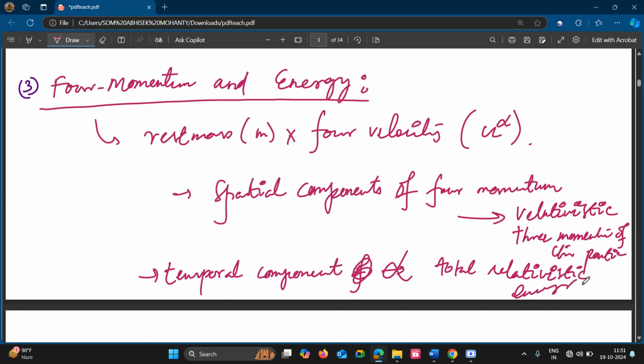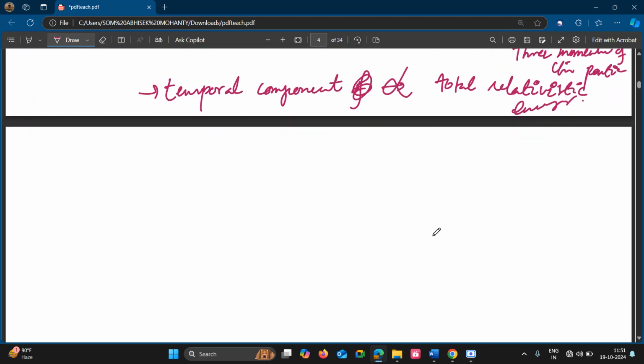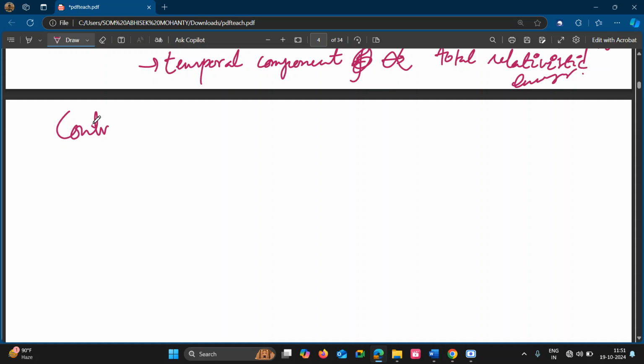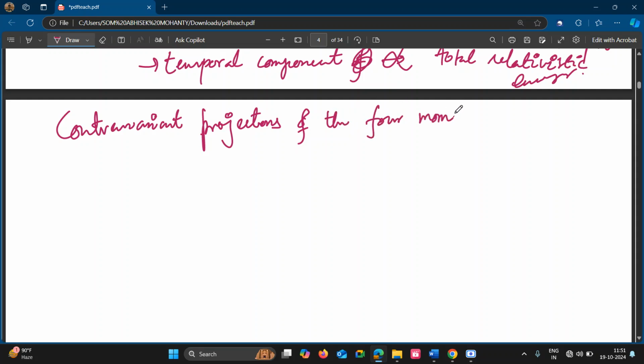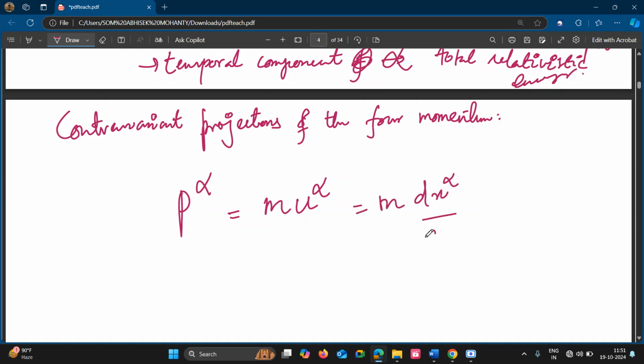Okay. So the contravariant projections of the four momentum, let me write p alpha. p alpha will be, as I said, rest mass into four velocity, m into u alpha. u alpha is dx alpha by d tau, which is proper time.